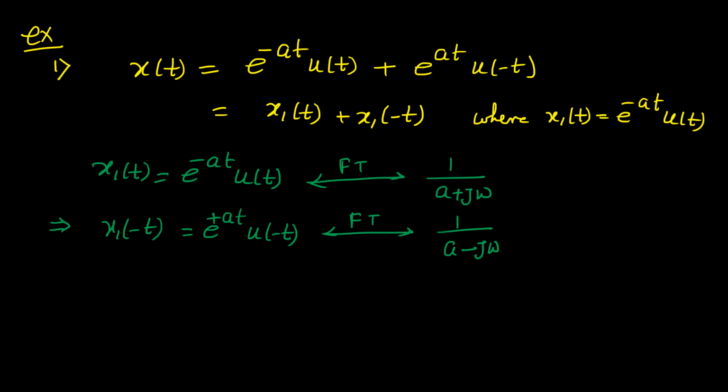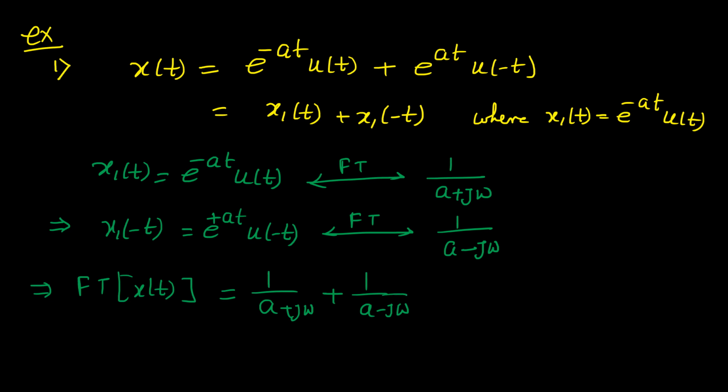That's simple. Therefore, the Fourier transform of that x of t signal, the combination of these two, is simply the addition of these two, 1 upon a plus j omega plus 1 upon a minus j omega, and that is due to the linearity property.